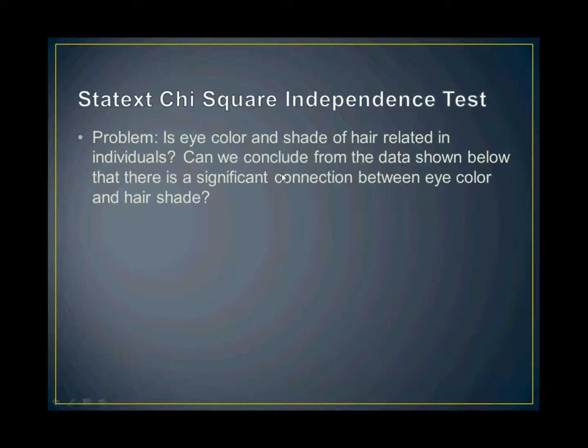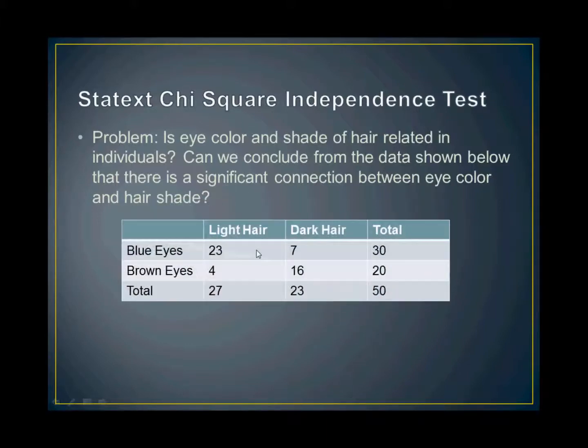Can we conclude from the data shown below that there is a significant connection between eye color and hair shade? So here's the table. So this is a contingency table, and we need to know if there is a relationship between the rows and the columns.